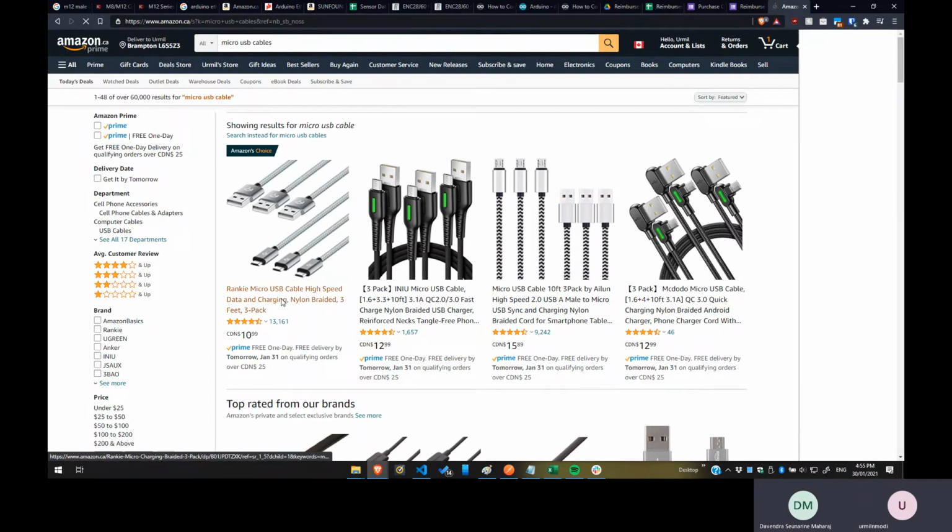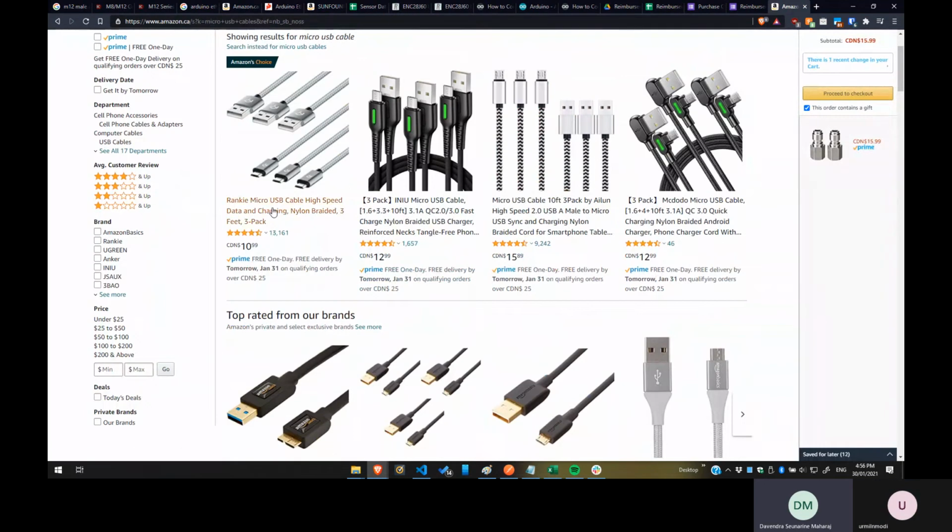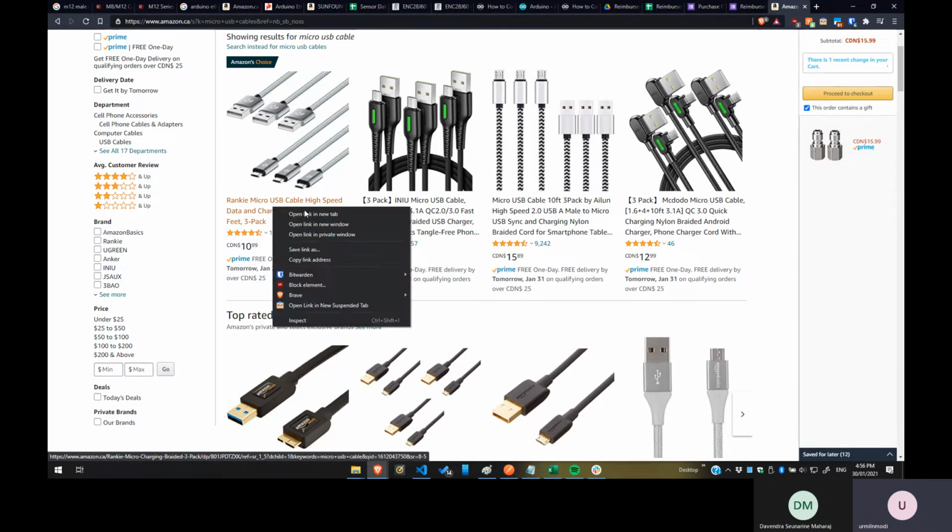Okay, well, the one I have was lucky enough to support it, because it's a micro USB to USB 3.0. Yeah, so this is the one right here. Whatever ones you use most likely will support data.